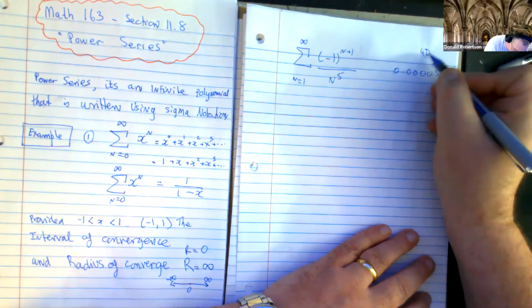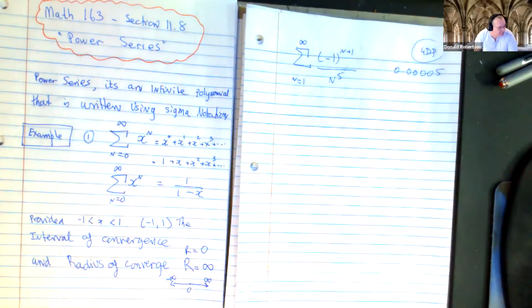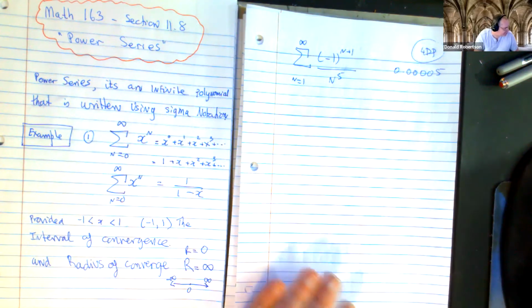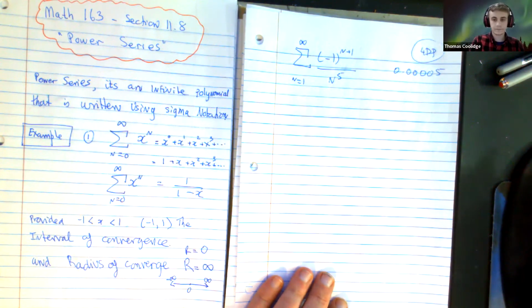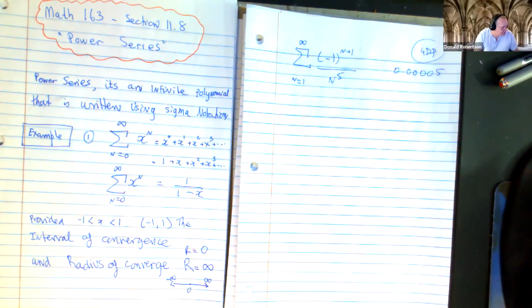So that would be just another way of saying, give me the answer to 4 decimal places. Now the first part is it's an alternating series and it converges, which you can certainly prove, and it's not that hard to do.